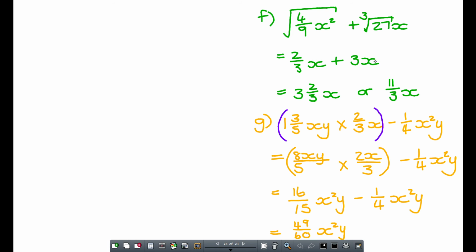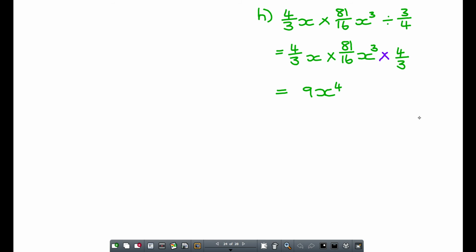Okay, right now, H. The division sign changes to multiplication. Now we could cancel out. 4 will go into itself once. 4 will go in there 4 times. But this 4 will cancel out with that 4. Now, 3 will go into itself once. 3 will go in there 27 times.